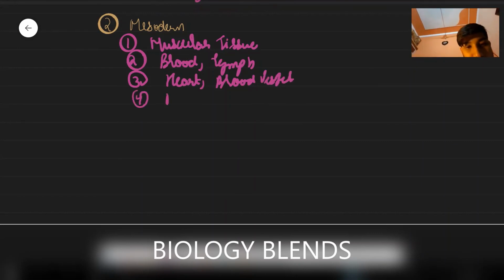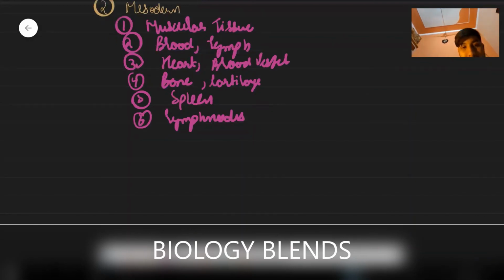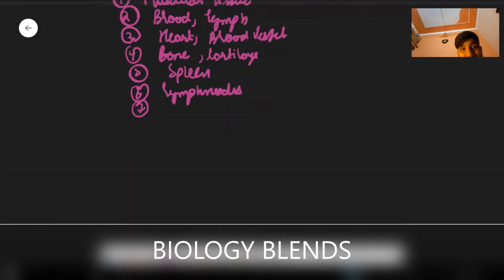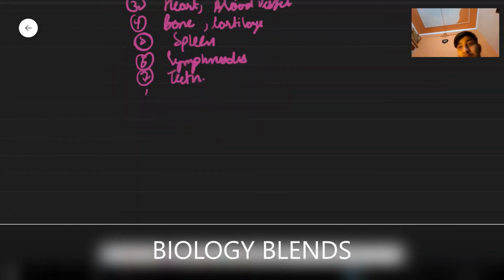Fourth is the bone, cartilage. Fifth, spleen. Sixth is the lymph node. Seventh is the teeth. Except the enamel, all the teeth are formed by the mesoderm. Eighth is the dermis of the skin, the portion below the skin.